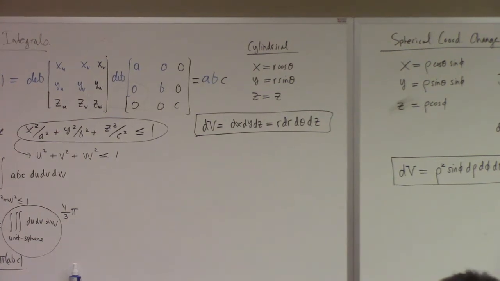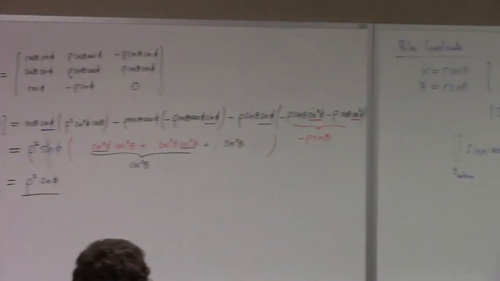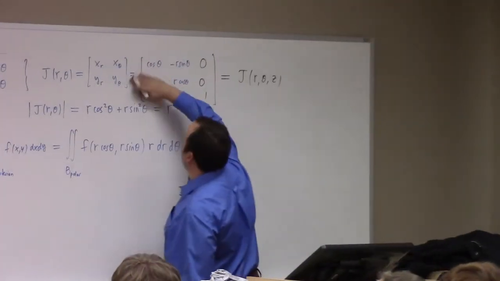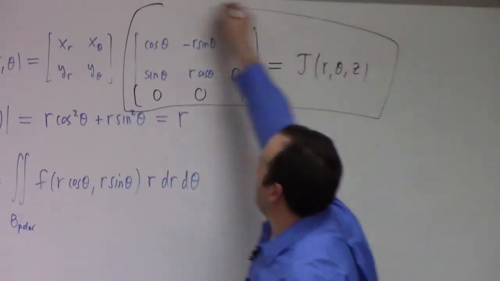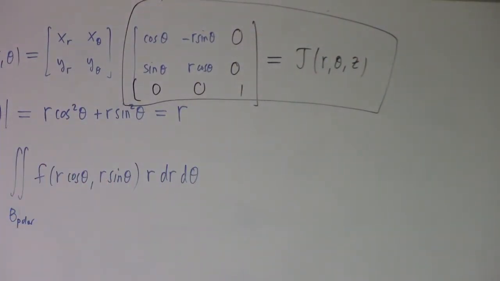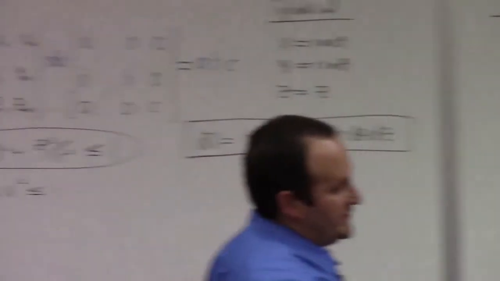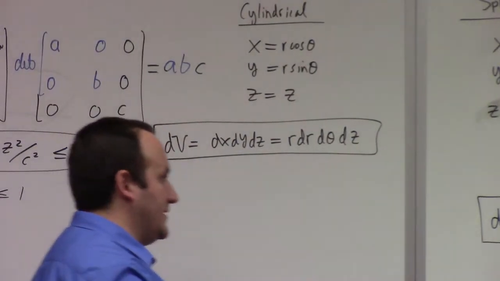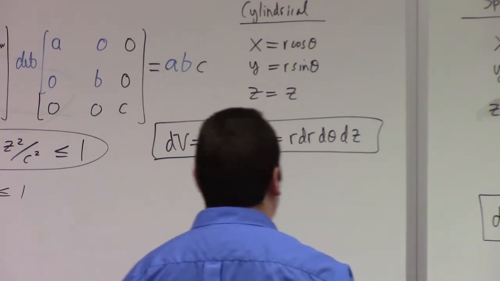If you study this for cylindrical, all that happens is you get 0, 0, 1. There you go. This is the Jacobian for r, theta, z. Adding the extra zeros and the 1, the way the determinant works is if you have it in blocks like that, you can multiply the determinant of the upper block times the determinant of the lower block, so it's literally just r times 1. Oh, sorry, I'm using forbidden techniques.